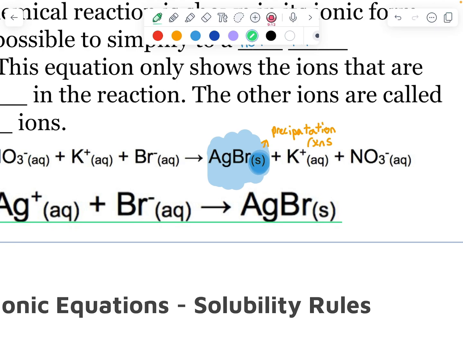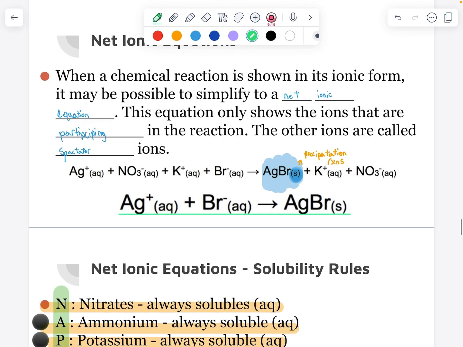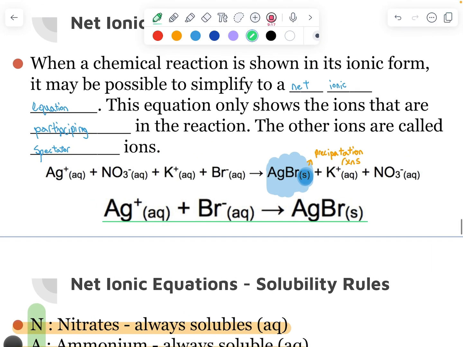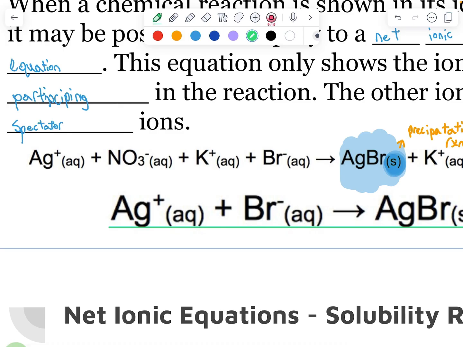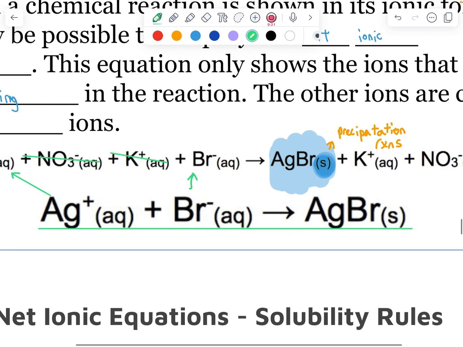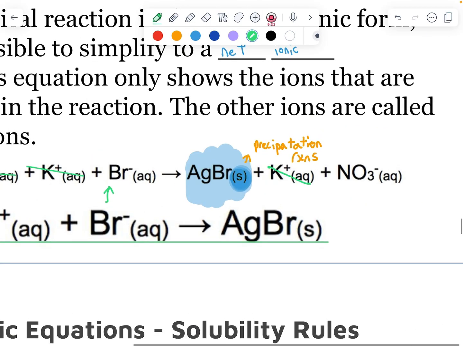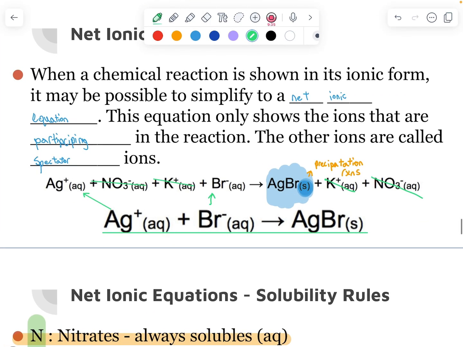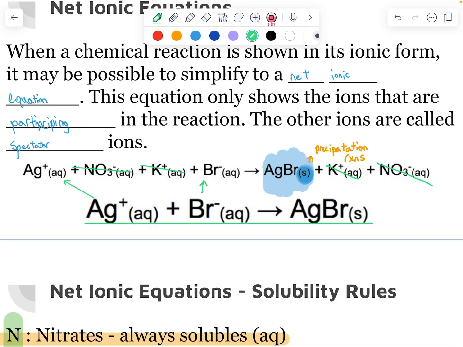We only have two species that are actually reacting, so we're going to take out this nitrate and this potassium ion, and on both sides these are going to cancel out, and it yields a solid, which is called a precipitation reaction.